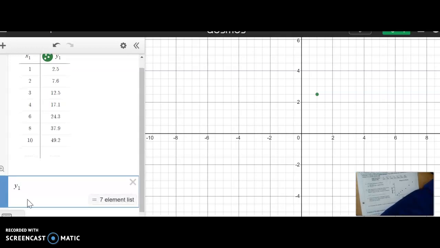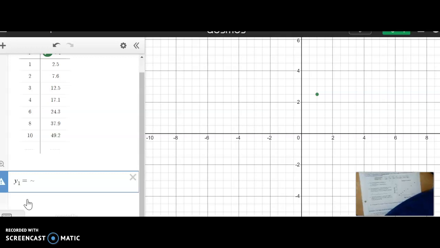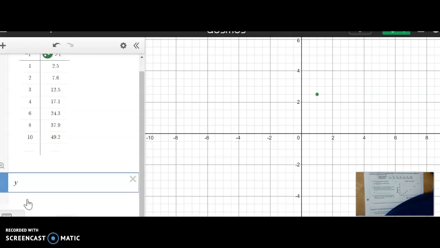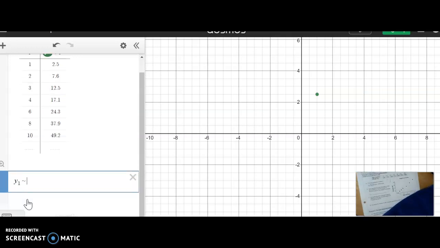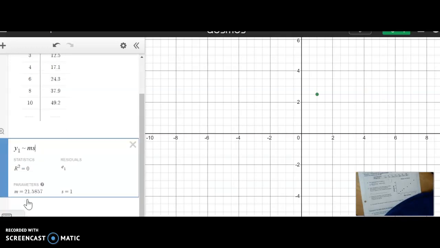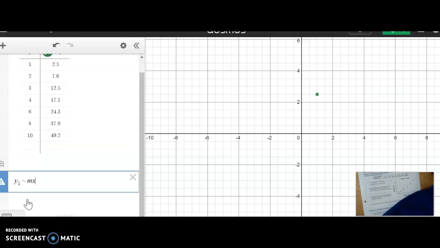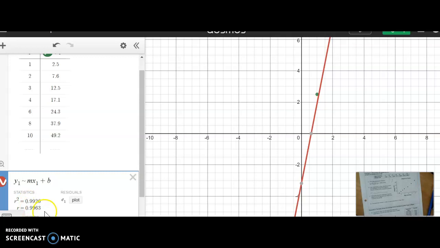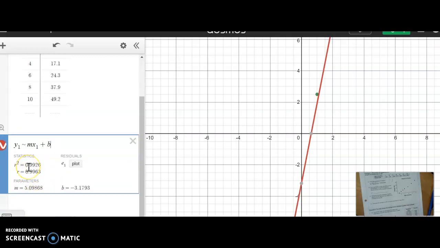Okay, so we are going to come down and we are going to type y1 tilde, not y1 equals, the tilde replaces it. That means the tilde is the regression, mx1 plus b. And I look, and my linear regression R squared is 0.99.